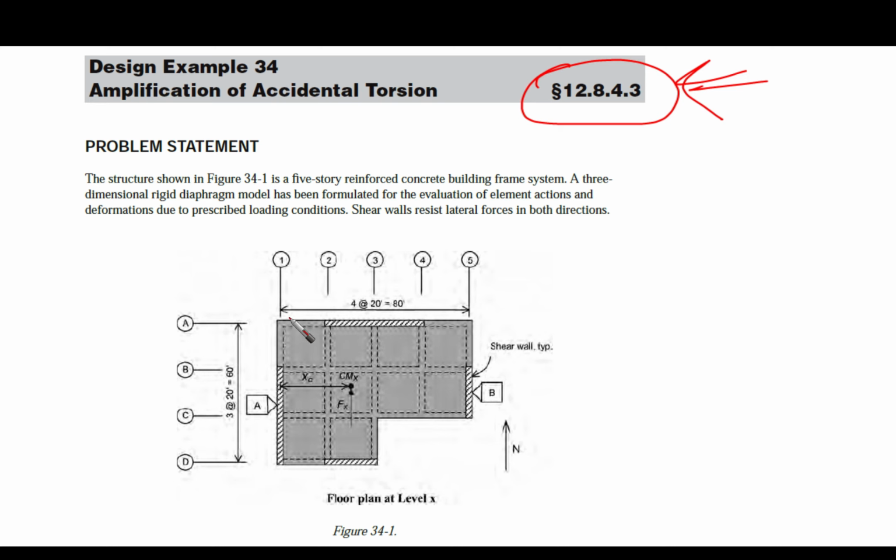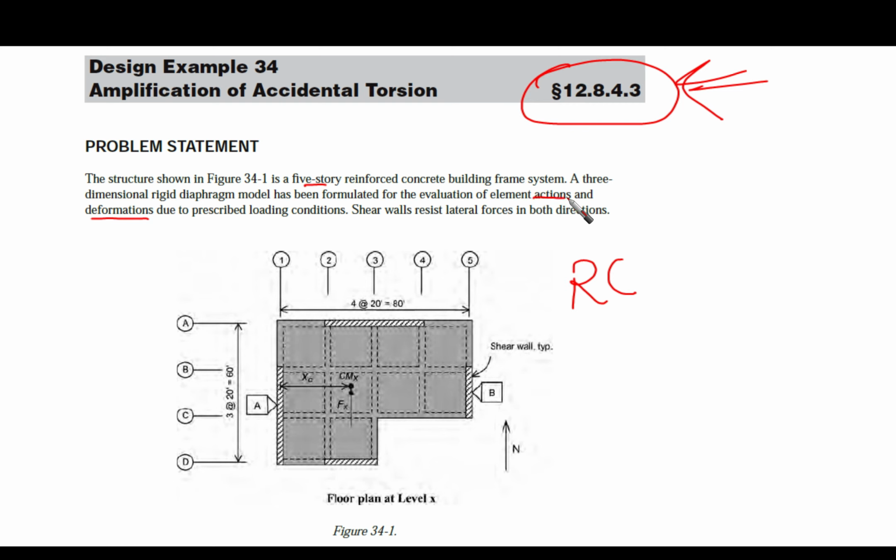The structure shown here is a 5-story reinforced concrete building, an RC frame system. A 3-dimensional rigid diaphragm model has been formulated for the evaluation of the element actions and deformations.